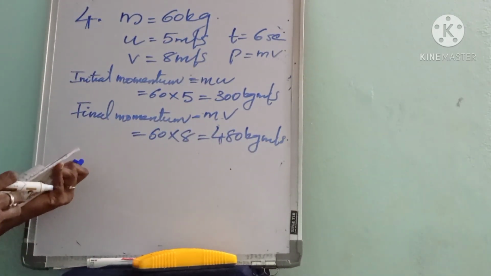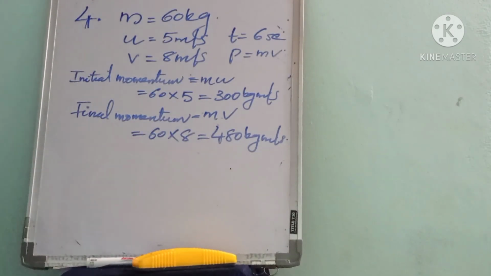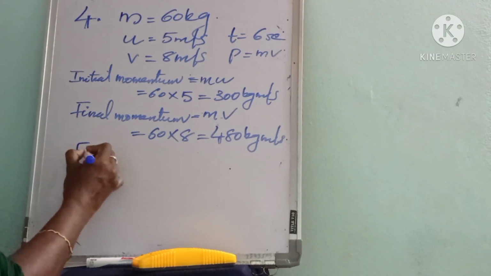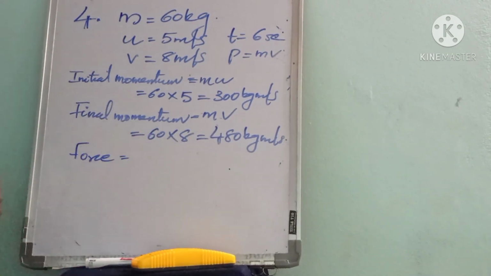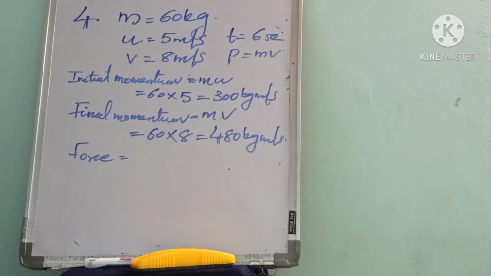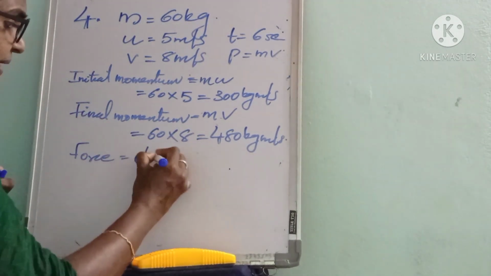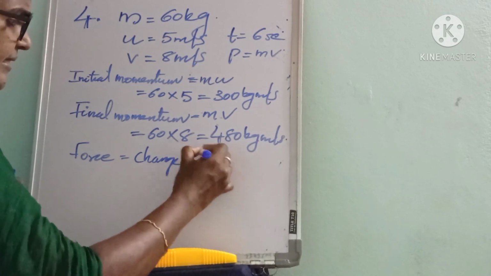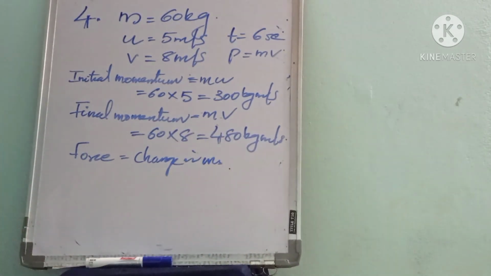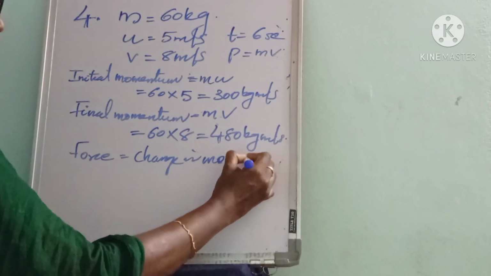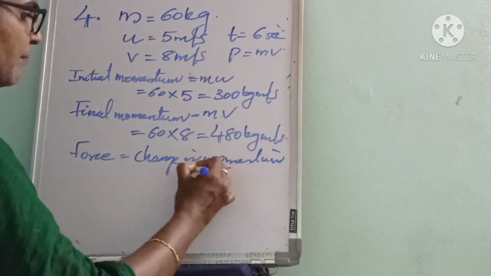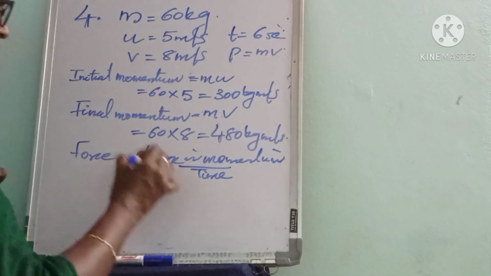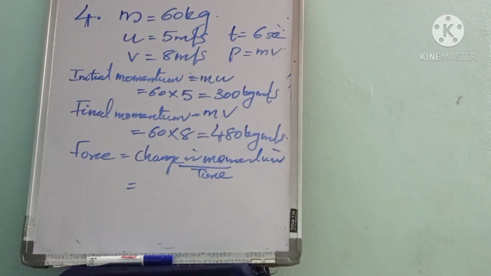Then we have to calculate the force. All of you know Newton's second law. What is force actually? Force is the rate of change of momentum. By Newton's second law, we can write force as the rate of change of momentum, that is, change in momentum divided by time.